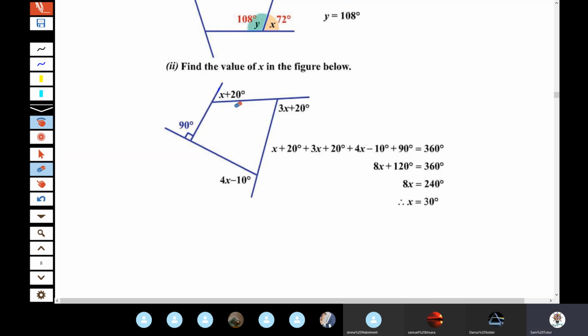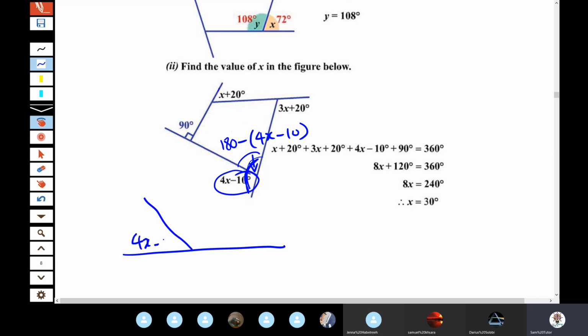Just want to make sure you guys can get your angles. Again, this angle in here, just to make sure, what would it be? 180 minus, open bracket, 4x take away 10. It'll be 180 degrees subtracted by this angle. Look at it. So think of it like this. There's your straight line.